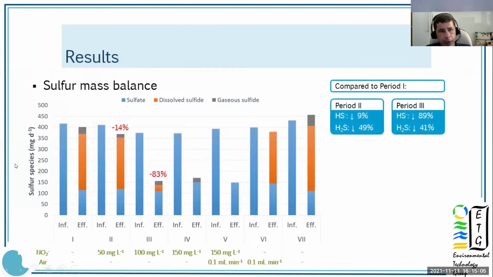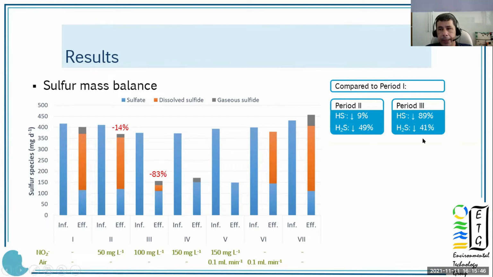So here we have sulfur species in terms of load, and here we have the different phases. First of all, I'm going to present periods 2 and 3 compared. All the results I'm going to present are compared to period 1. When we introduced 50 milligrams per liter of nitrite, we had a decrease of the dissolved sulfide of 9%, and the H2S decreased 49%.